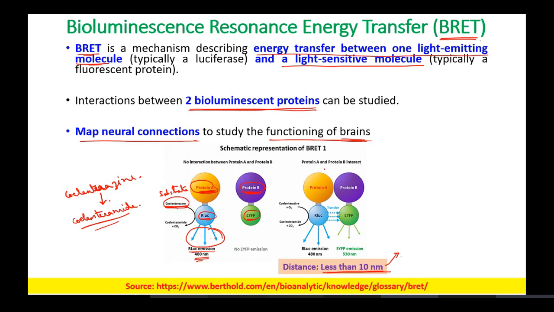In the second instance, when protein A and protein B interact and the distance between them is less than 10 nanometers, they become so close that the light emitted by the R-Luc coelenterazine system is able to get transferred, or is able to excite, the EYFP protein.